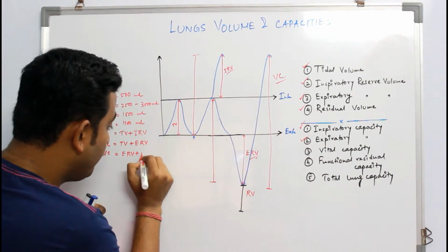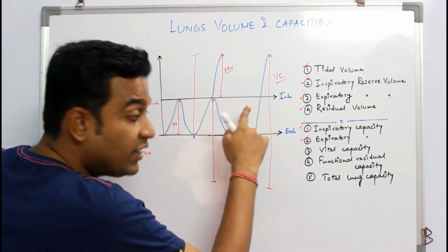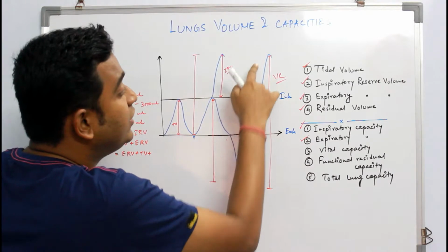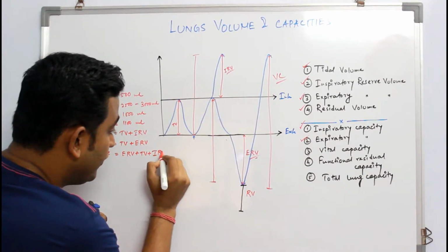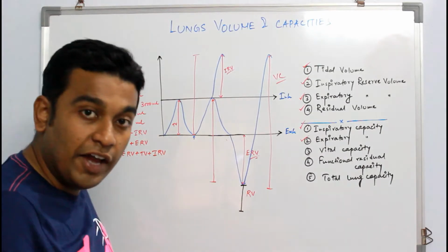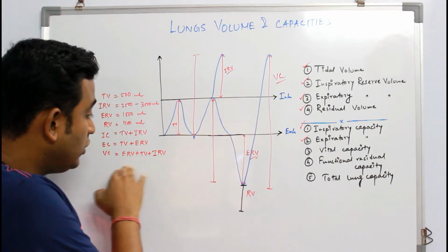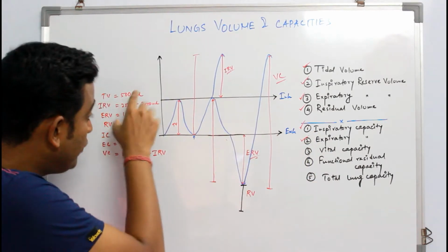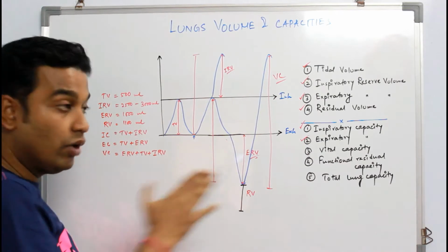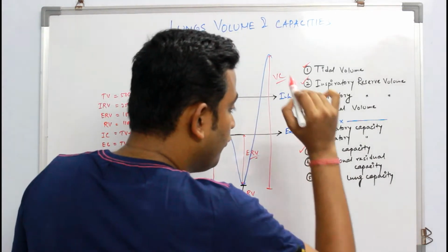So write it here, tidal volume plus, once you even cross that tidal volume, now you are in the zone of IRV. So I'll write it here, IRV. Right? I hope this part is clear to you. Well, I'm not writing all the values because I have told you the values here. So from this particular part, you can easily calculate the values of these capacities. I hope that makes sense for vital capacity.